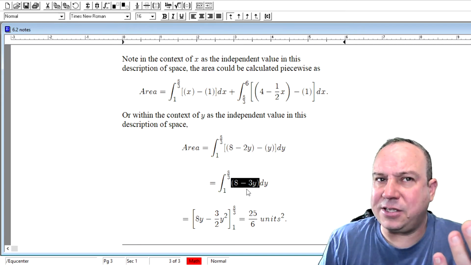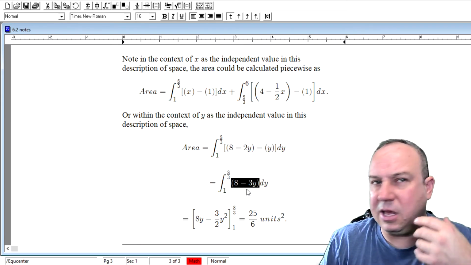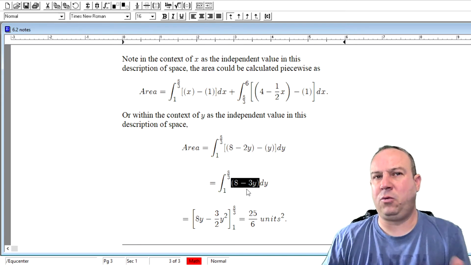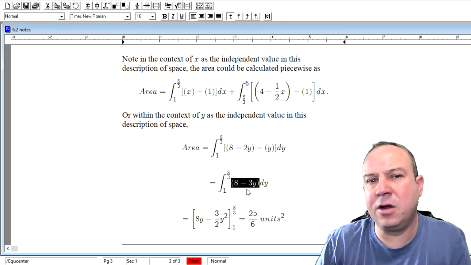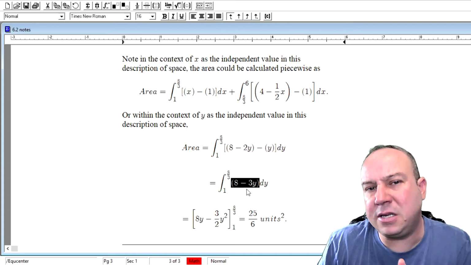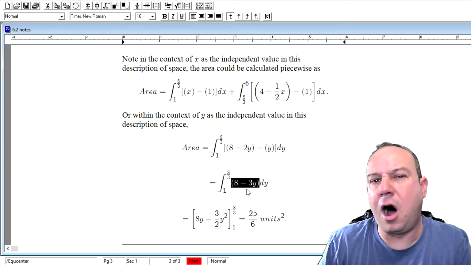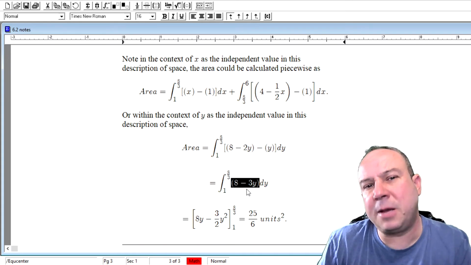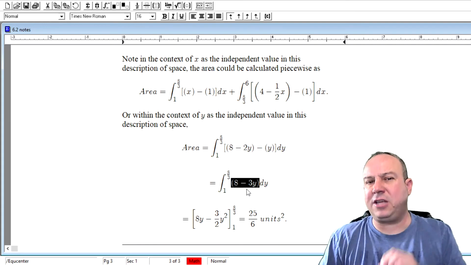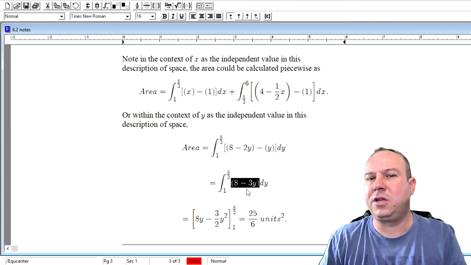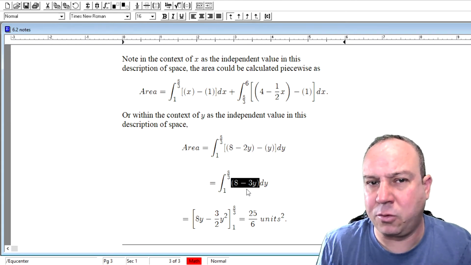A lot of the cases you'll see, it's going to be integrable in one form or another, in one orientation or another, but it's not guaranteed to be integrable in both always. So sometimes you may set it up in one orientation but present yourself with what is currently going to be an impossible integration for you.